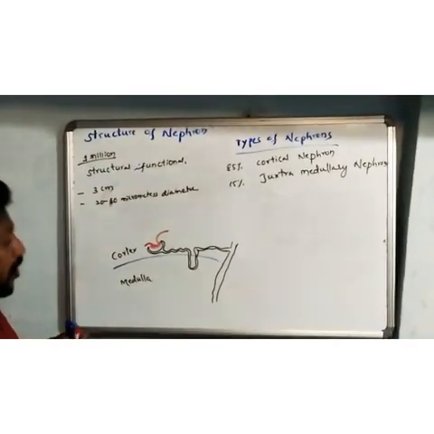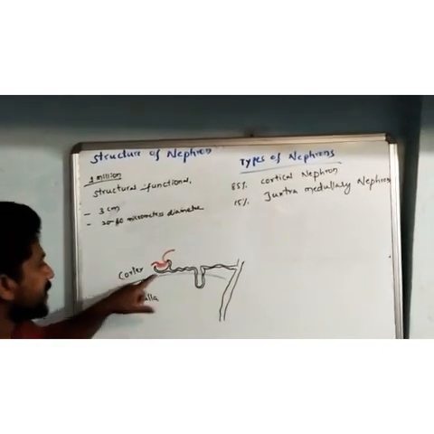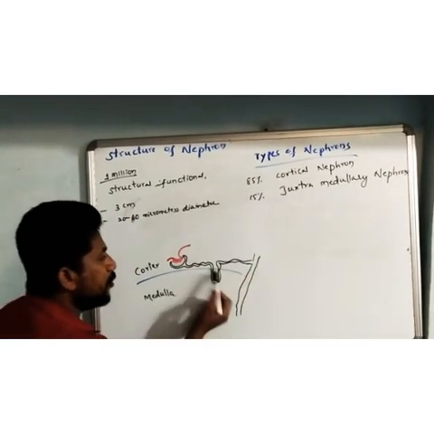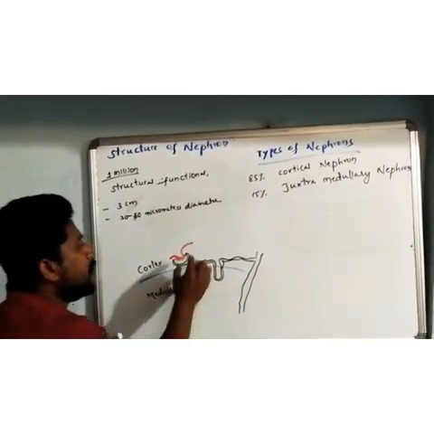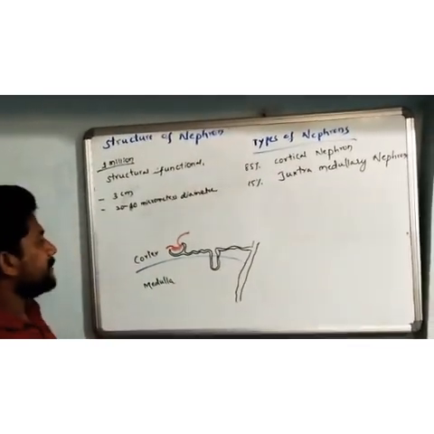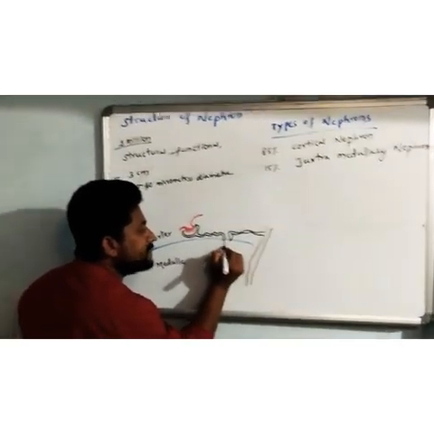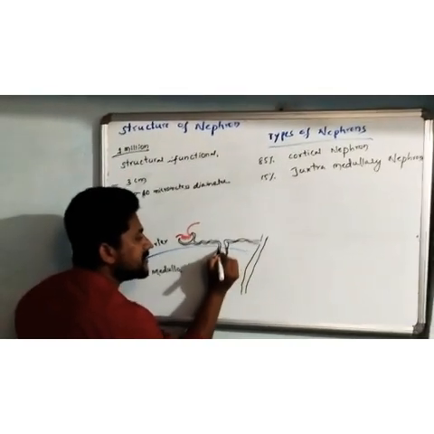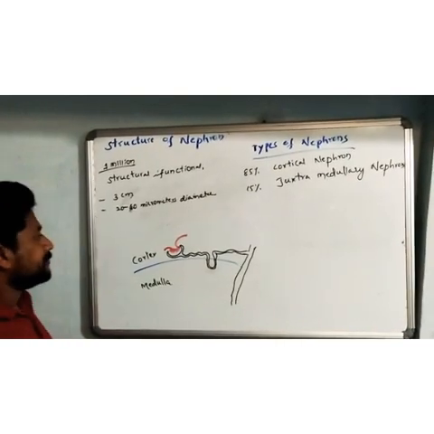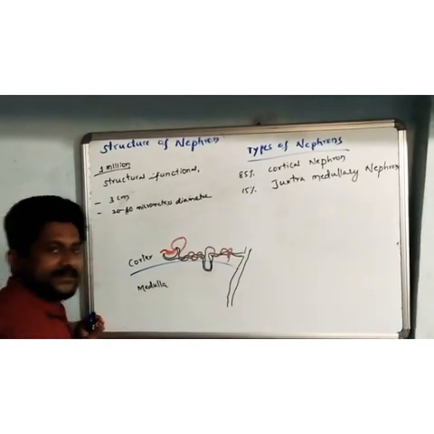In the cortical nephrons, the maximum portions, which means glomerulus, Bowman's capsule, PCT, DCT, are all located in the cortex region. At the same time, the loop of Henle lies only very little in the medulla region, and the peritubular capillaries are present here.